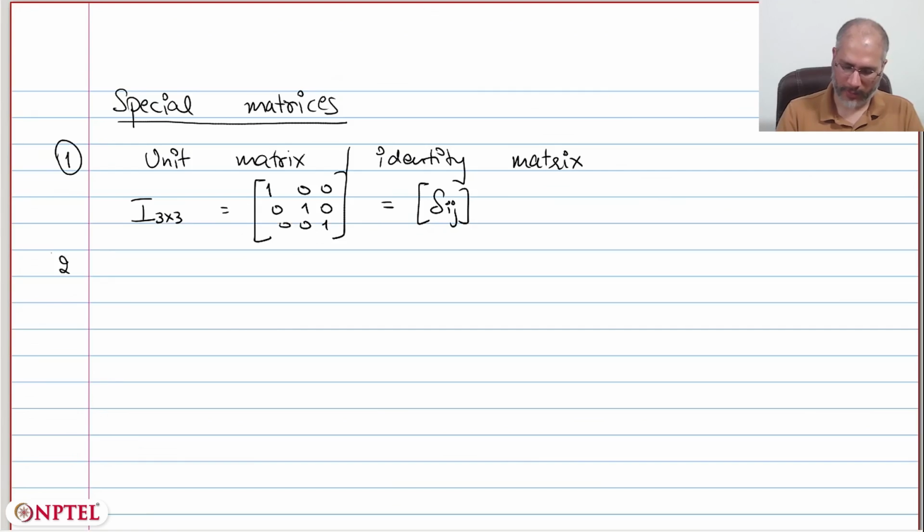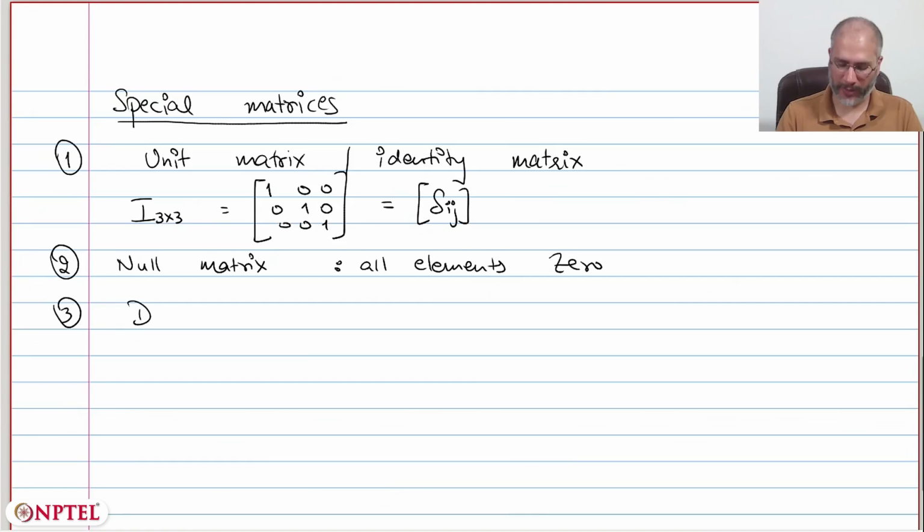So the other matrix we deal with is called a null matrix, where all the elements are 0. Another type of matrix we deal with is called a diagonal matrix.